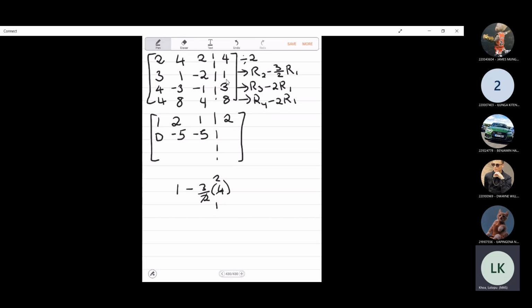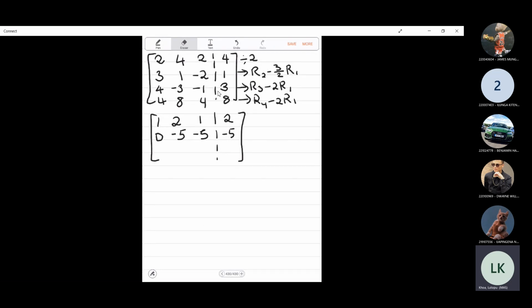The other one was minus 2 minus 3 over 2 times 2, so that is minus 5. And the other one is also minus 5. So the entire row is just minus 5. You can do that on your calculator, just be sure you don't make any mistakes.